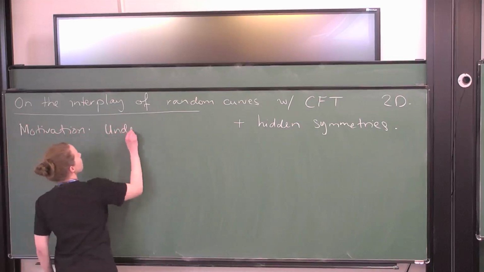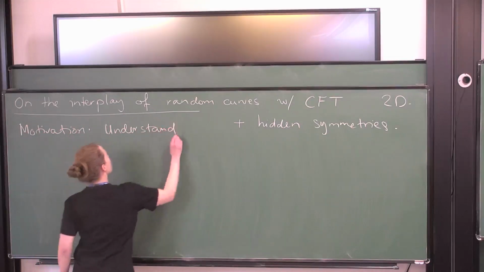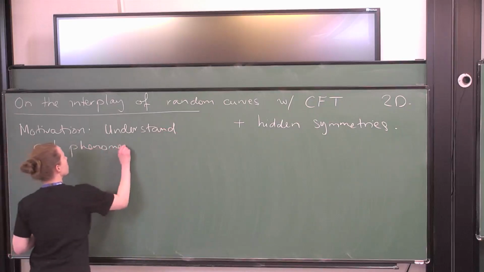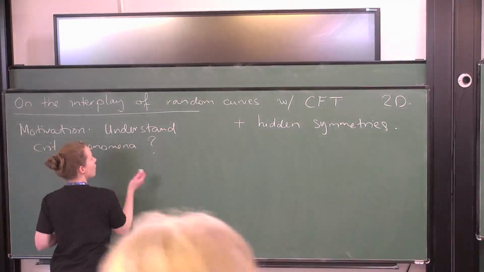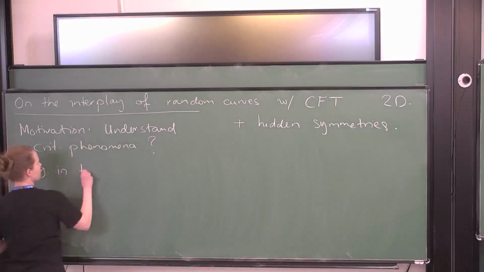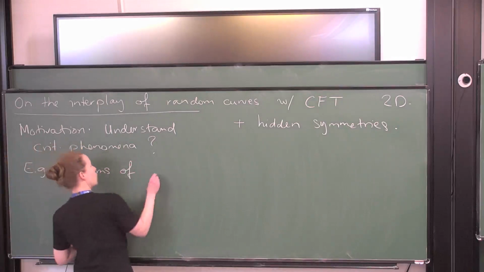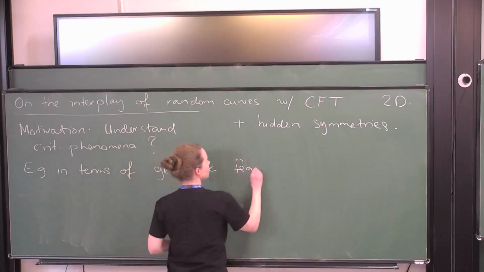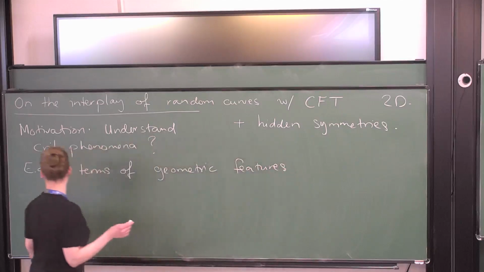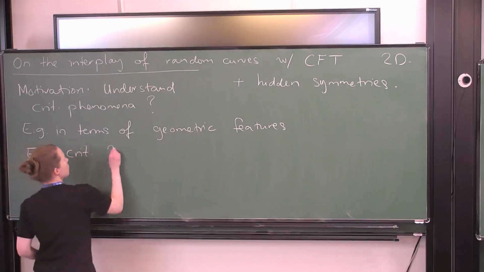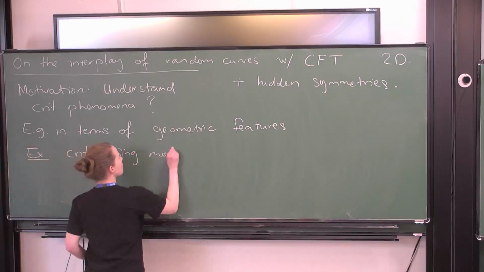So, to understand critical phenomena, for instance, in terms of geometric features, a canonical example is the critical Ising model in 2D.